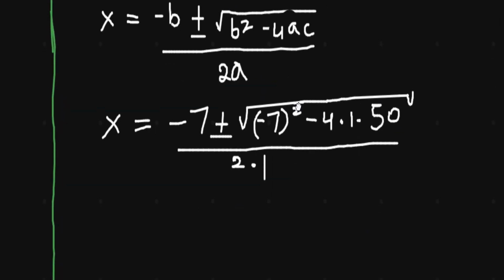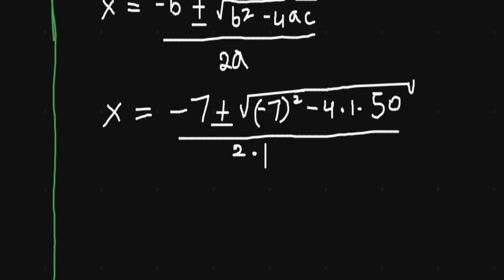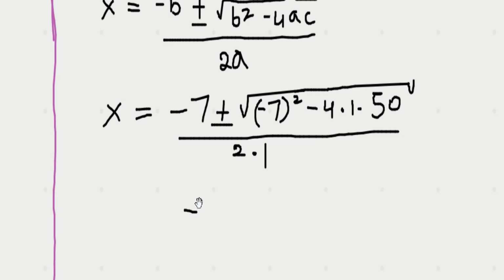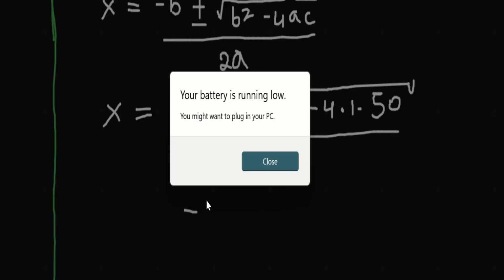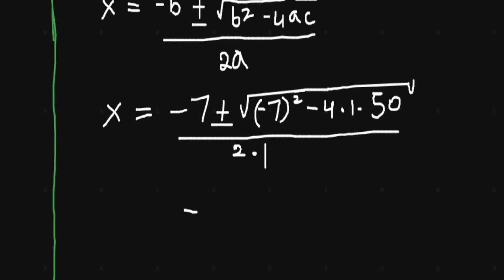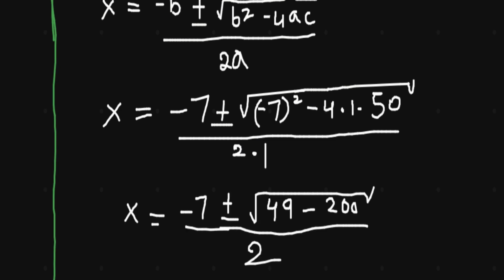So in the next step we can write x equals minus 7 plus or minus the square root of minus 7 whole square, which is 49, minus 50 into 4, which is 200, so the square root of 49 minus 200, divided by 2.